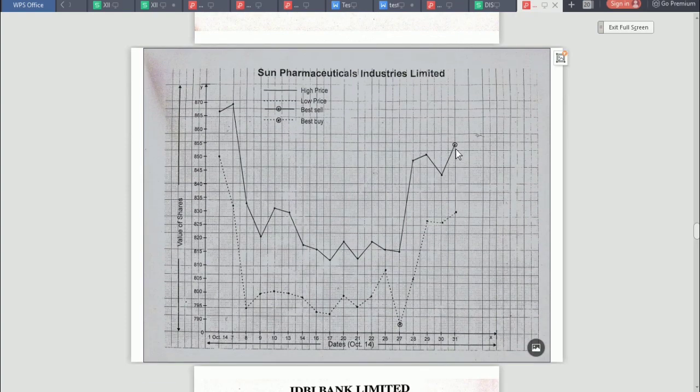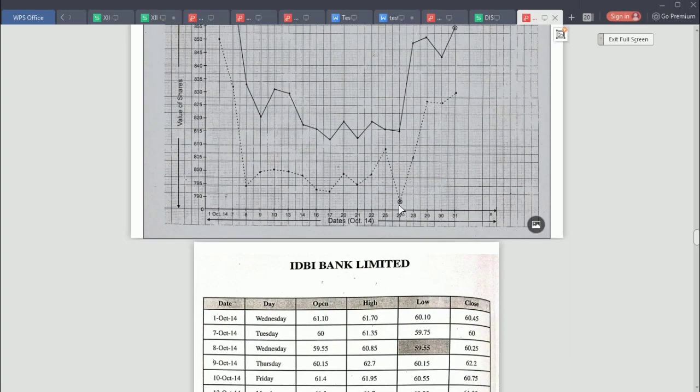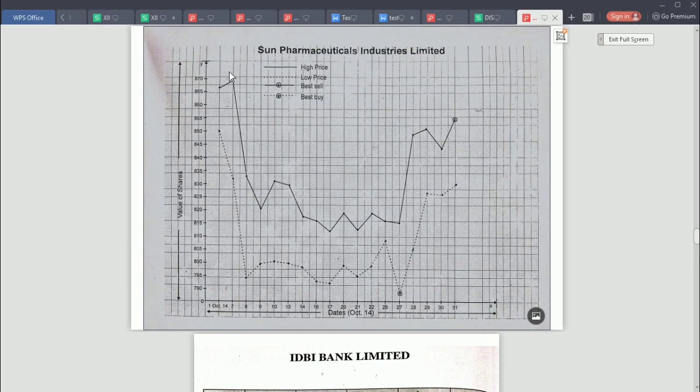These two dots have been put here. With the help of the scale, these dots have to be matched. This is with the firm line because this is the high line graph, and this is with the dotted line because this is the low rate graph.